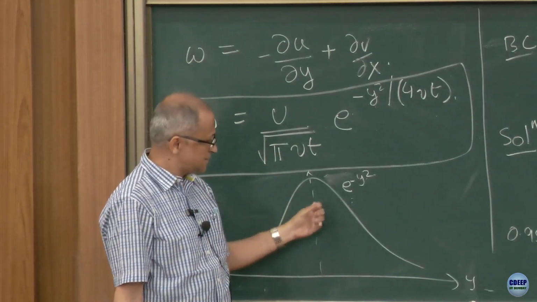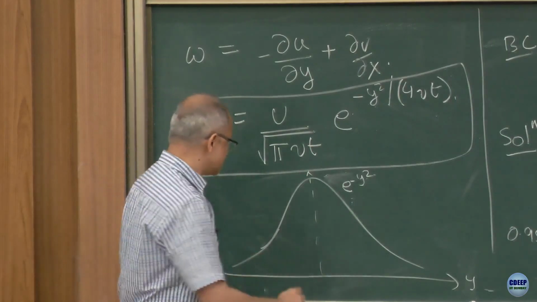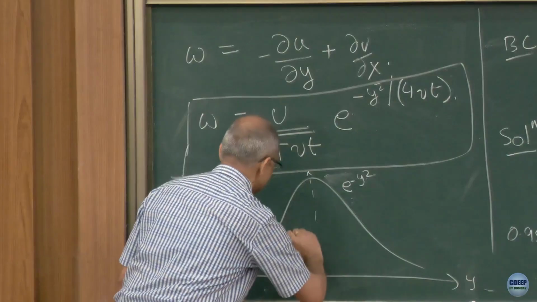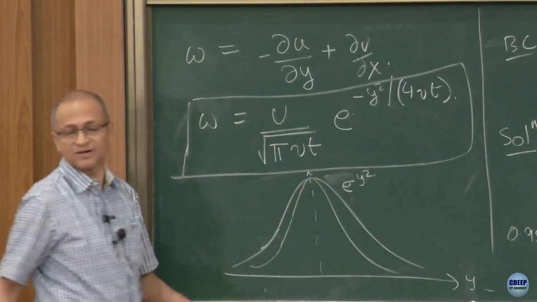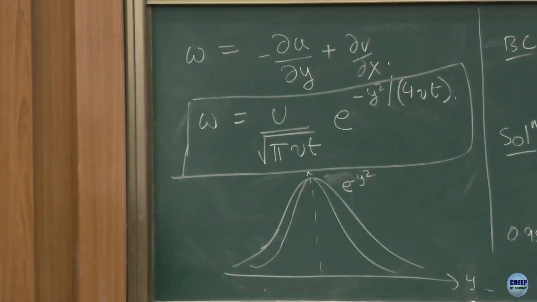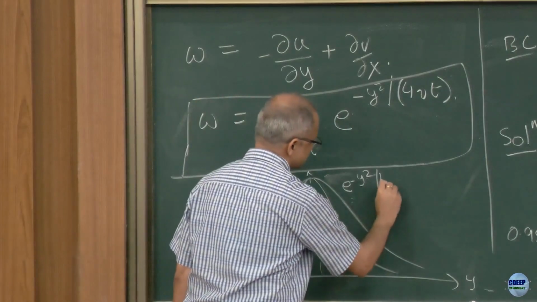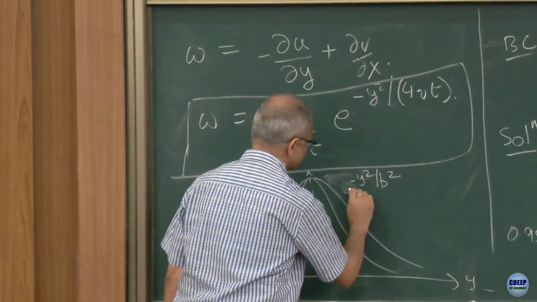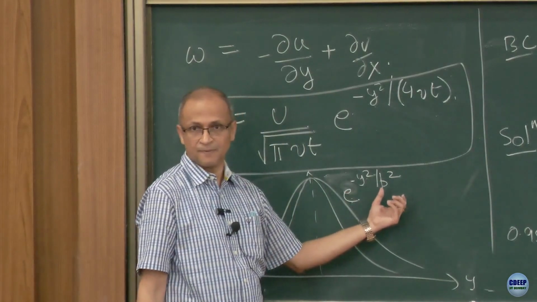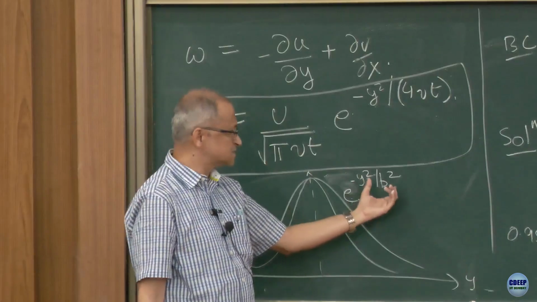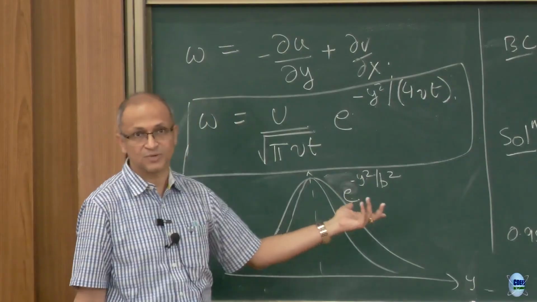So there are two parameters which define it: where it is centered and what its width is. I can have a Gaussian which looks like this, or I can have a wider Gaussian. Both of them are Gaussian functions. The only difference is the width, so I can define a width parameter, exponential of minus y square upon some width b. Earlier we had taken the value of 1 implicitly, now we are not saying it is 1, it could be anything.